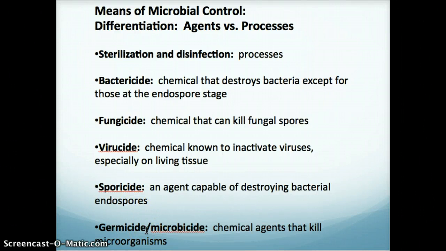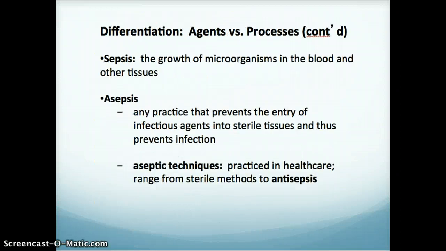And then a germicide or microbicide is a chemical agent that kills microorganisms. So it's a much broader term. It could include bacteria, fungi, or perhaps viruses. So continuing with this agent versus processes, sepsis is the growth of microorganisms in the blood or other tissues.